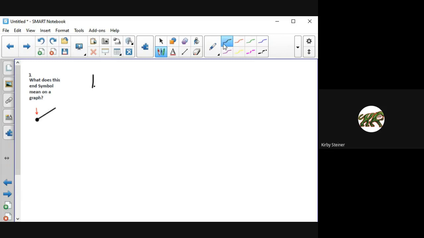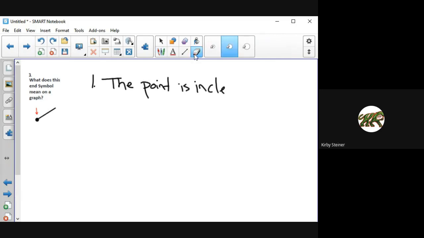The first thing is that the point is included. So that point is included, right? So if that endpoint is on y equals 2, then we're going to include that y equals 2.